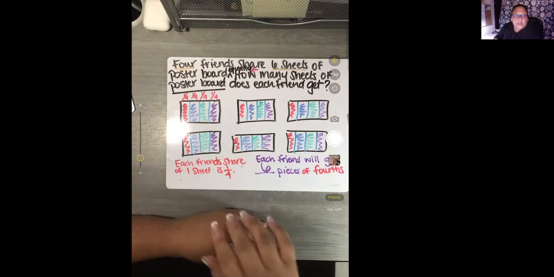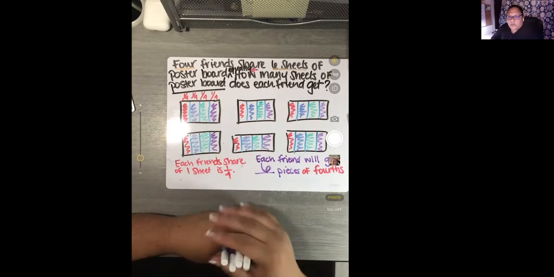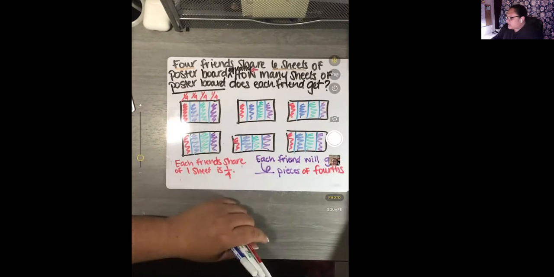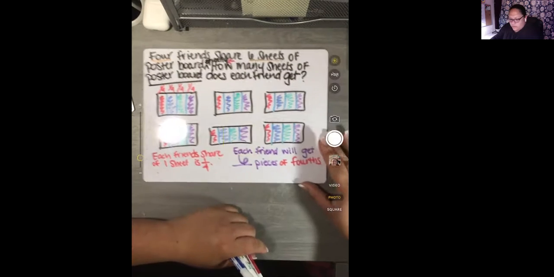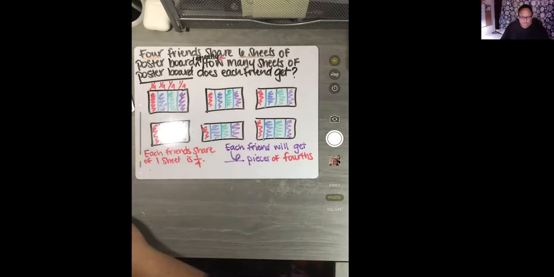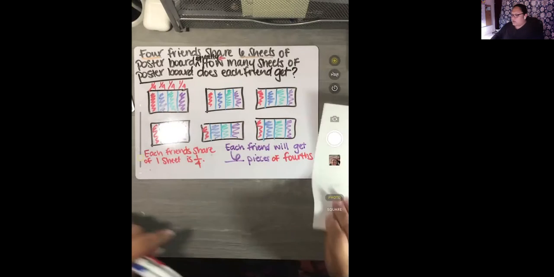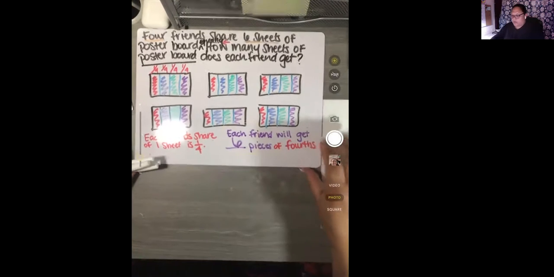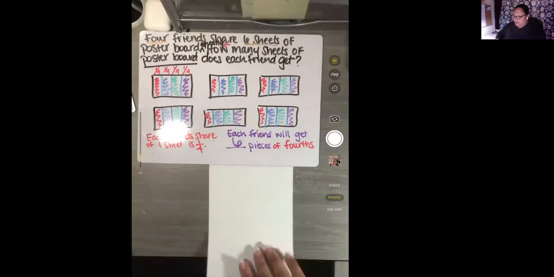Well, what does that look like in a fraction? If I have 6 pieces of fourths, what does that look like in a fraction? Six pieces of fourths looks like this.